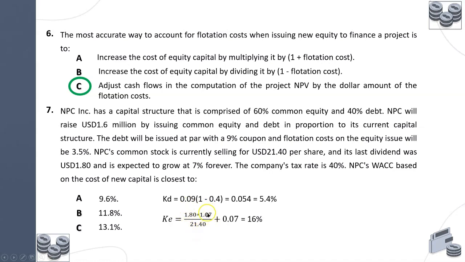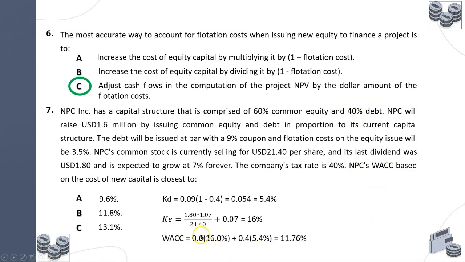However, this yield is for next year, but this will grow year after year. So I have to add the 7%, which is a forever increase. That will give us 16% equity cost. So the equity cost times the weight of the equity plus debt cost times the weight of debt will give the weighted average cost of capital.